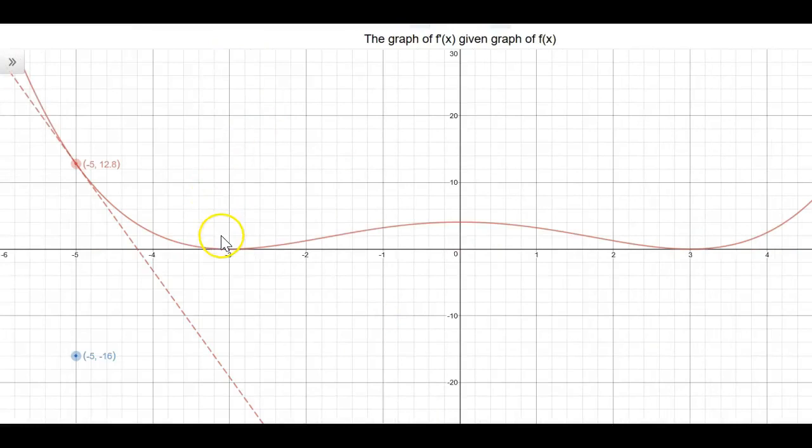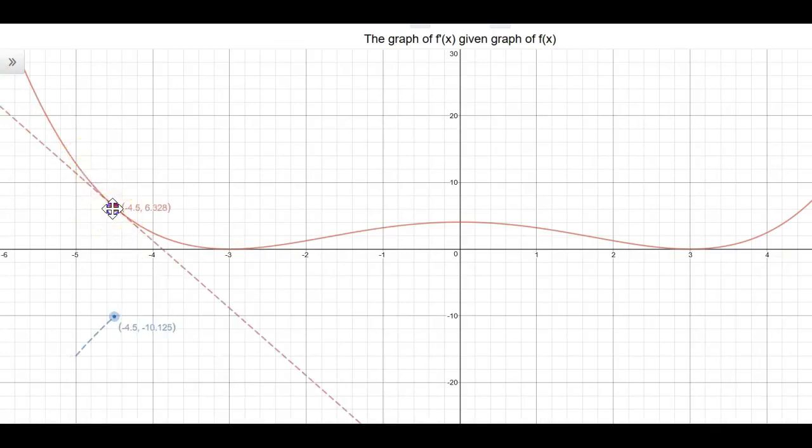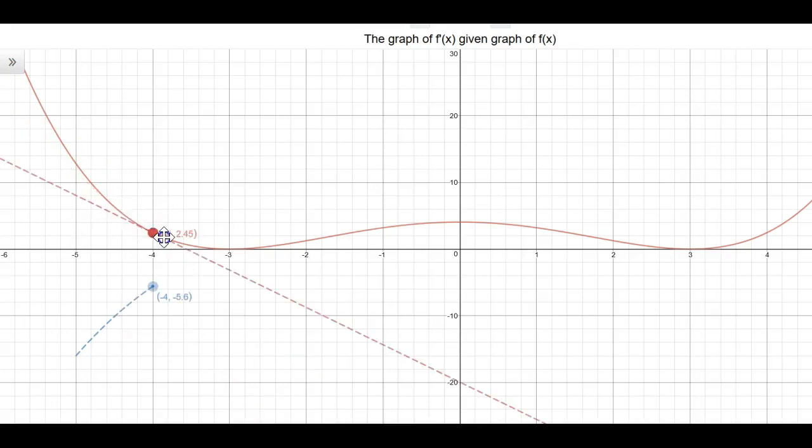As I move this point along the function, notice how the tangent line is changing. And this blue is the graph of the derivative function being traced along with the original function.